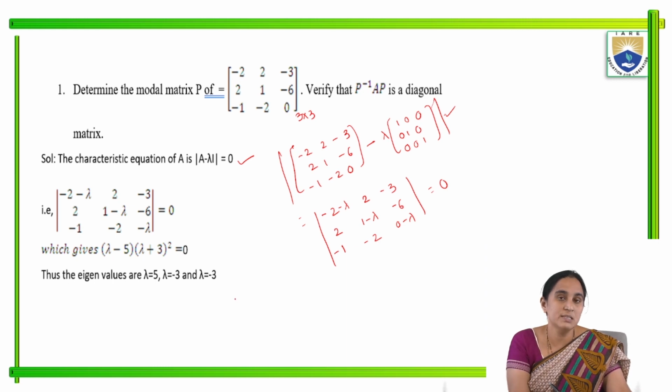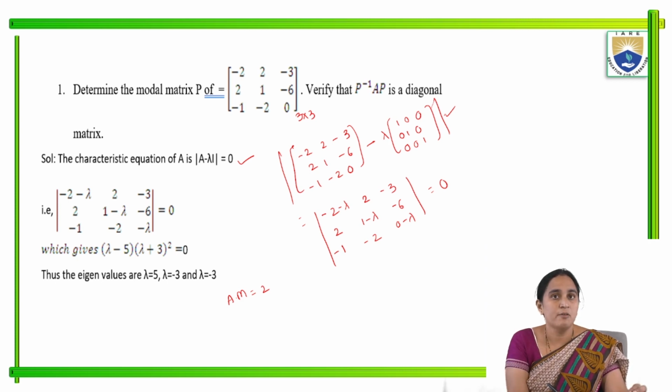Therefore the algebraic multiplicity of -3 is 2. For that we have to find the corresponding eigenvectors. If we get two eigenvectors for the repeated eigenvalue, so that the two multiplicities are equal, then the given matrix is diagonalizable.